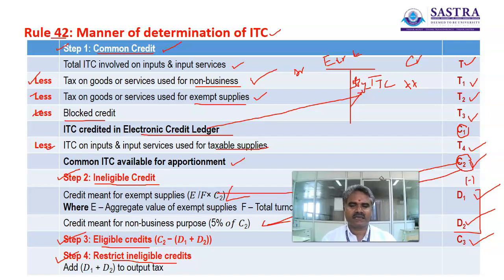Restrict ineligible credit, restrict, again you have to add these two, add D1, D2 to output tax. That's it. This is what we have to calculate based on the problem. Okay.